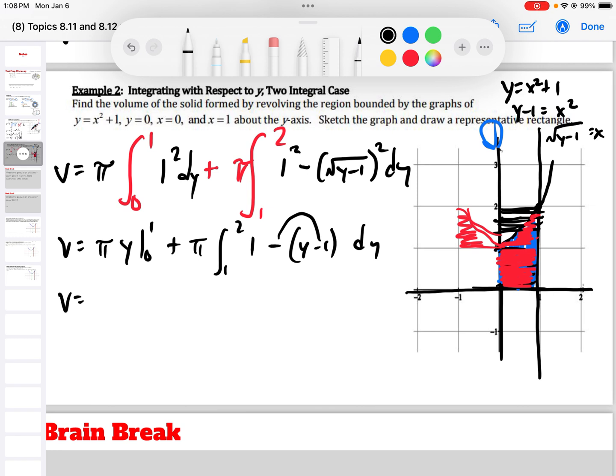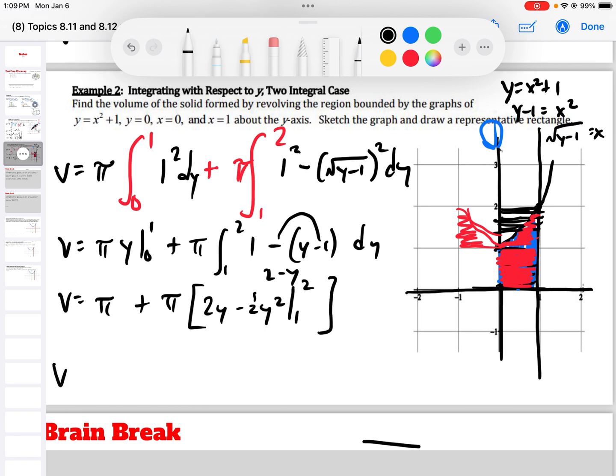The negative will go there, so the volume is equal to, plugging in, pi minus 0, so it's just pi, plus pi times 1 plus 1, so 2 minus y. Take the antiderivative of that to give you 2y minus 1/2 y squared, evaluated from 1 to 2.